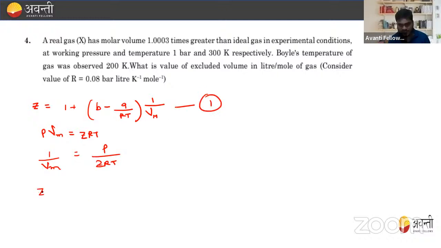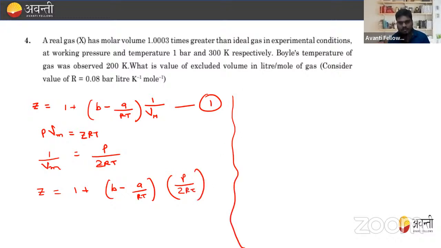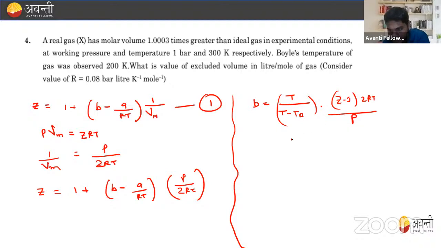So on solving, what you will get? You will get B is equal to T upon (T minus TB) multiplied by (Z minus 1) ZRT upon P.